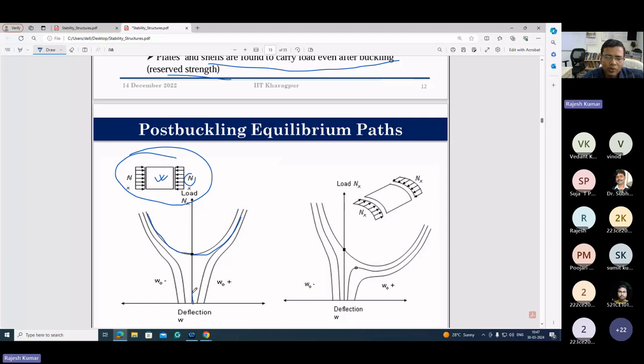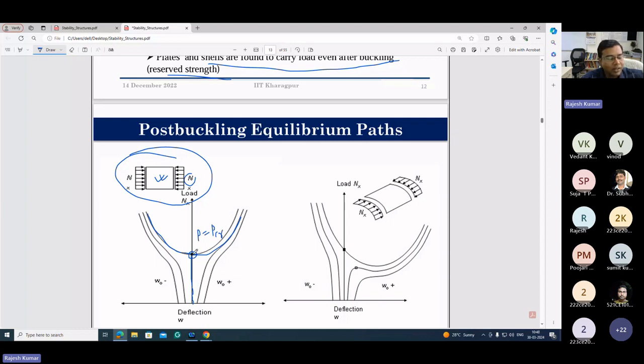What will happen? Give a small perturbation, there is no change, no out of plane deformations. Again, you increase loads, again you give a small perturbation, there is no change in the deformations, and you reach the bifurcation point. Once you reach the bifurcation point, P becomes P critical, the buckling load.